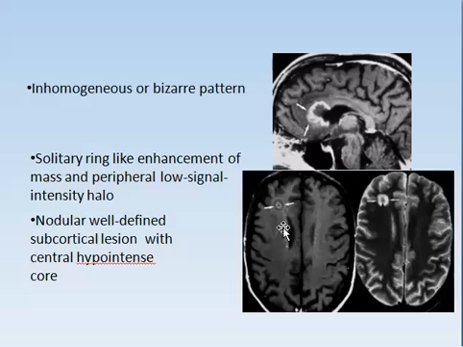So ring-like solitary masses can be seen in lymphoma, and of course the differential will be for abscesses or cysticercosis.